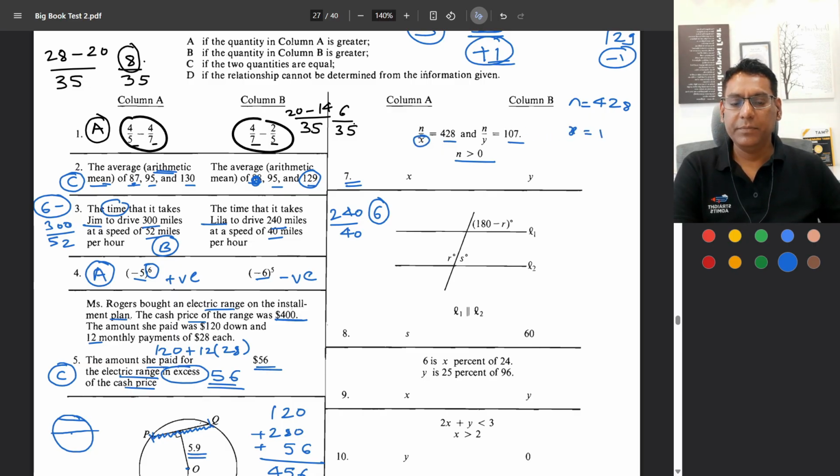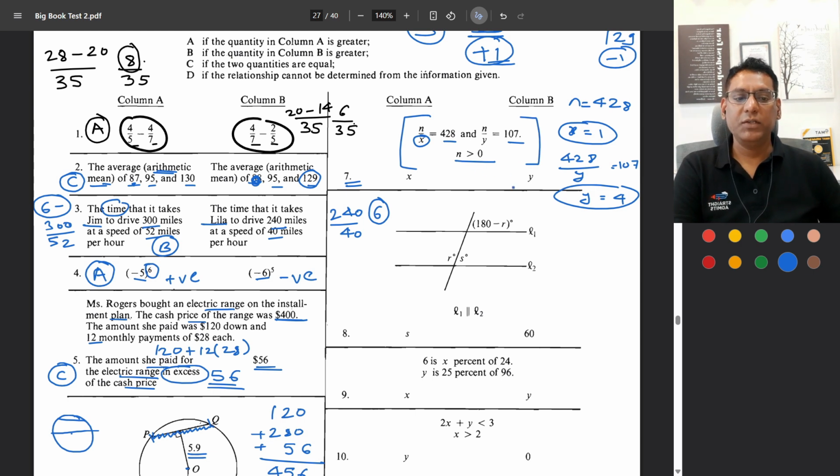Then only n by x is going to be 428. So in that case, what would y be? So y would have to be 428 divided by y is equal to 107. Correct? So y would have to be 4. So x is 1, y is 4. That is how I am able to put everything in this situation. Which one is bigger? 5 is bigger. Answer choice B.